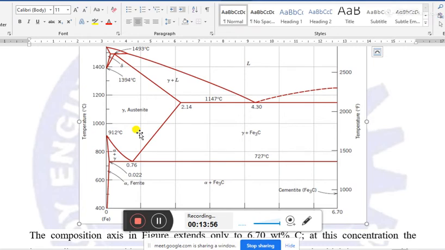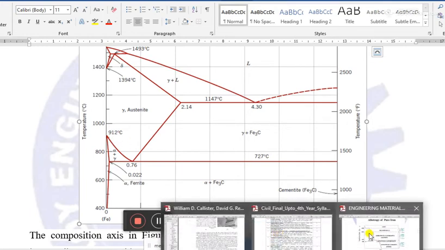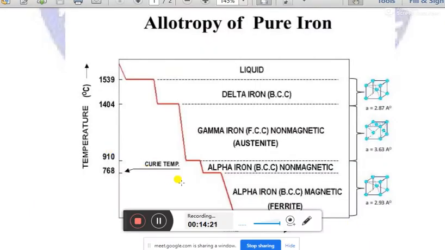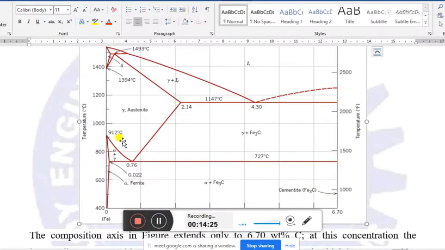Austenite is actually the form of iron after approximately 770 degrees Celsius, and there is some mixture of ferrite and austenite in that position, that is from 727 degrees Celsius to 912 degrees Celsius.